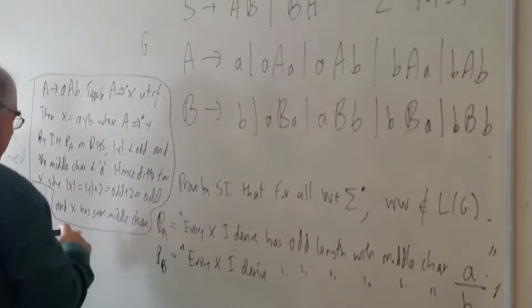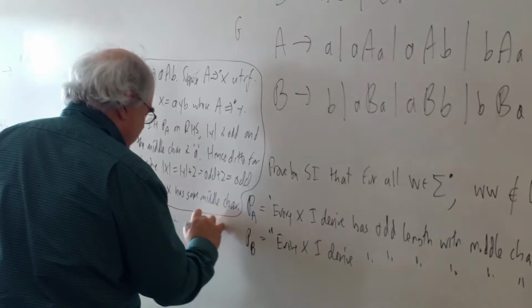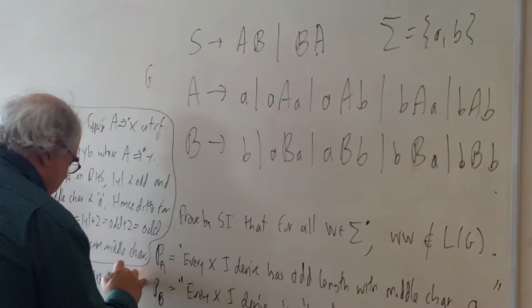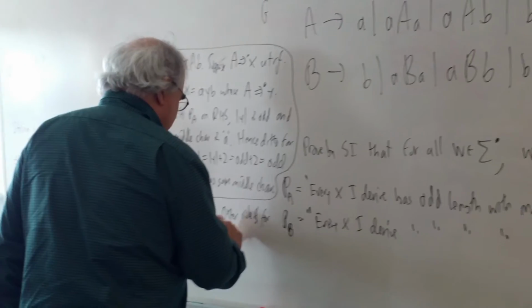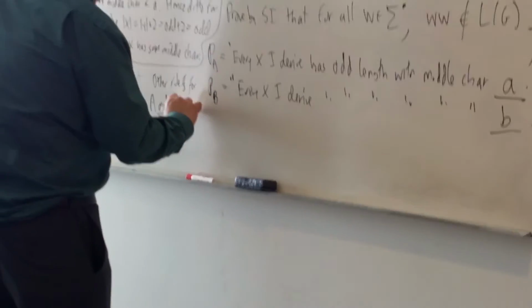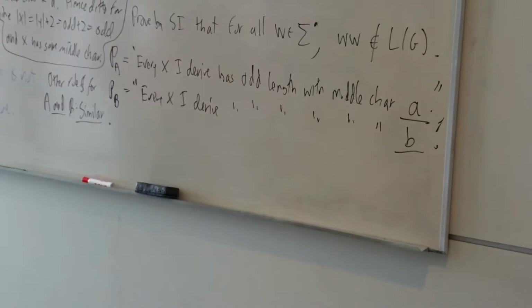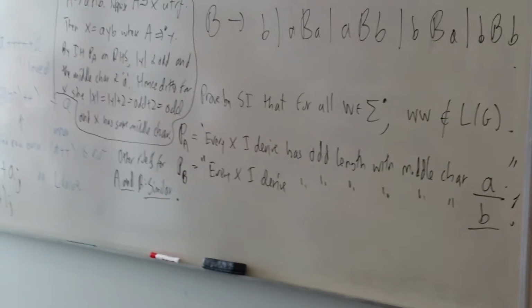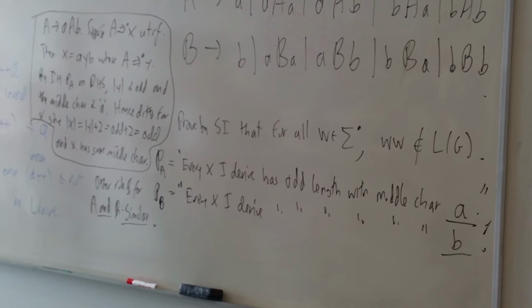So you'd be perfectly good to say other rules for A and B similar. That's perfectly fine. So therefore we know that we have proved property of A and property of B.